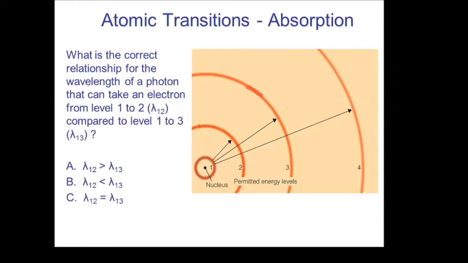Now we've already established from the last question that 1 to 3 requires more energy because it's a bigger gap. Now I want to ask you, what would be the correct wavelength relationship between the 2 photons? So I want to compare the wavelength of the photon that takes me from 1 to 2 and compare that to the one that takes me from 1 to 3.